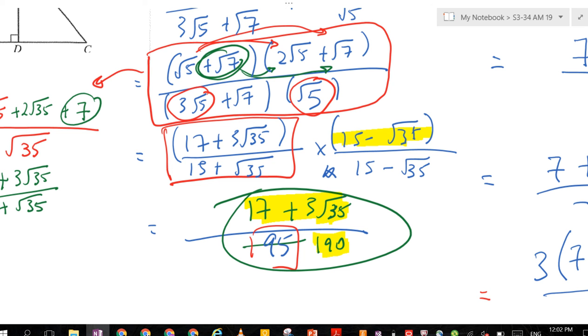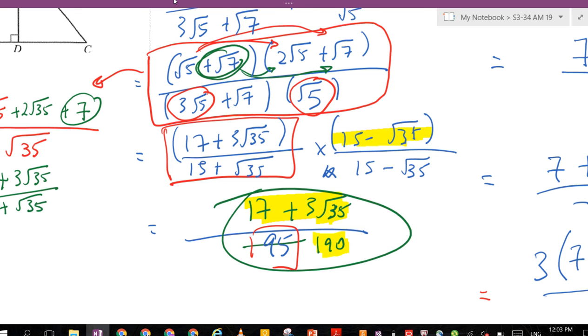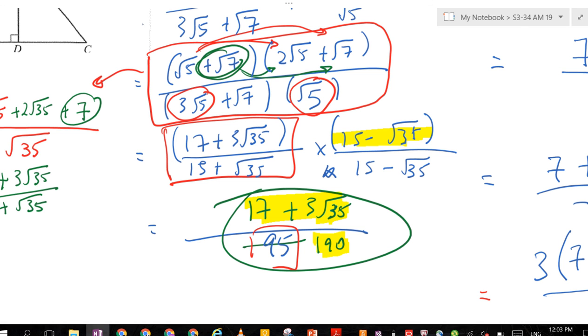Wow, this thing here, I didn't put down. If I put down, it will be correct. Because I forgot to put this bracket. Now I have 3 copy 17 plus 3 root 5 like that.